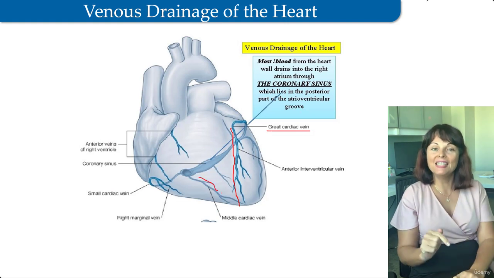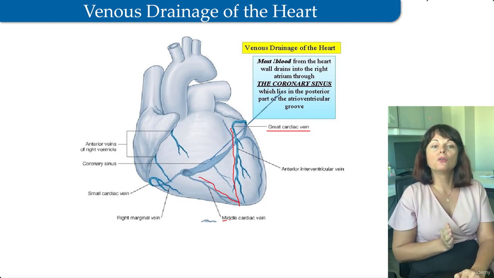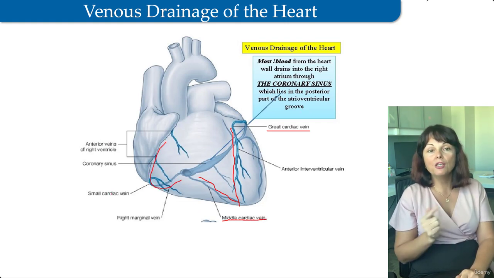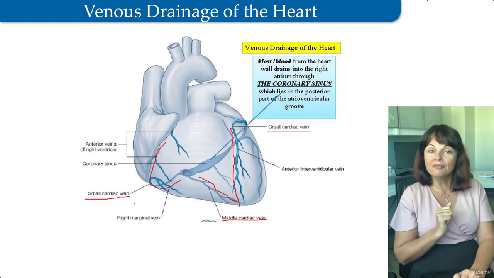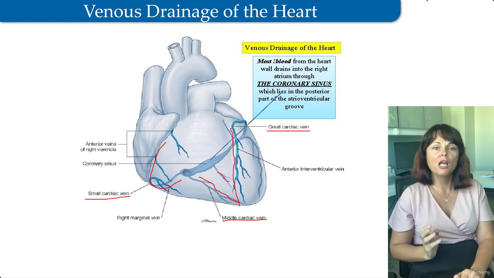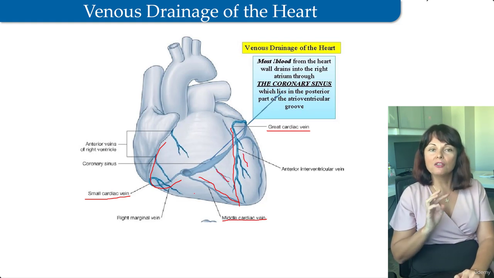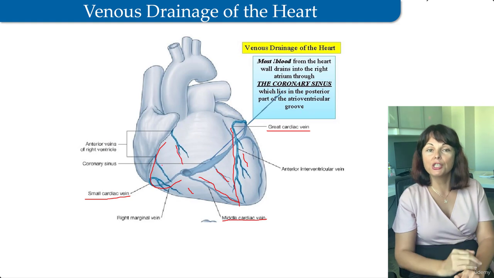The posterior interventricular artery runs parallel with the middle cardiac vein. The right coronary artery in the coronary groove is accompanied by the small cardiac vein. Additionally, we have several small cardiac veins draining the atria and ventricles.